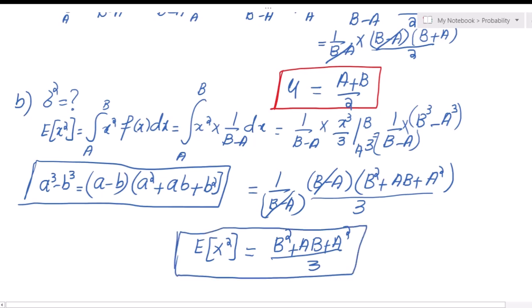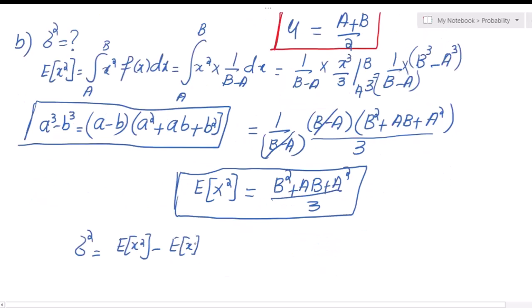Now let me find the value of sigma square, and as we know, it is E of x square minus (E of x) whole square. Now we know the value of E of x square, and the value of mu is also here. So let me put these values. It would be (b square plus ab plus a square) whole divided by 3 minus ((a plus b) whole divided by 2) whole square, because this overall is the squared one.